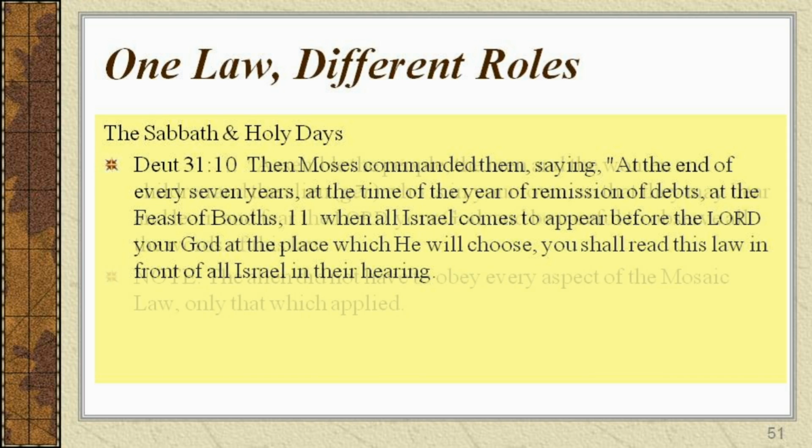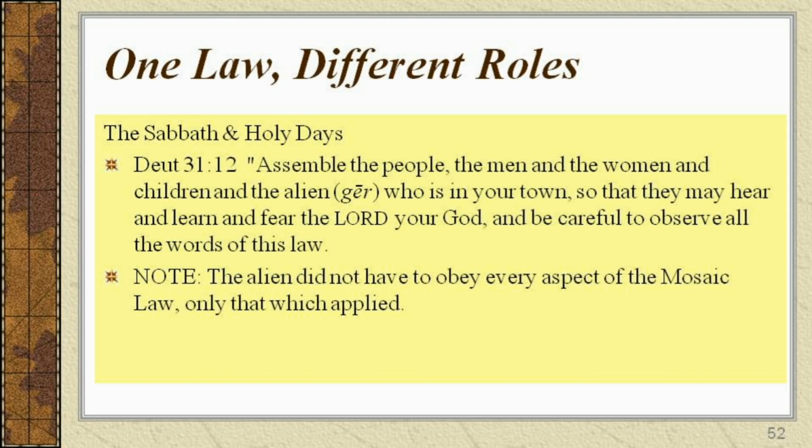Assemble the people, the men and the women and children, and the alien who is in your town, so that they may hear and learn and fear the Lord your God, and be careful to observe all the words of this law."